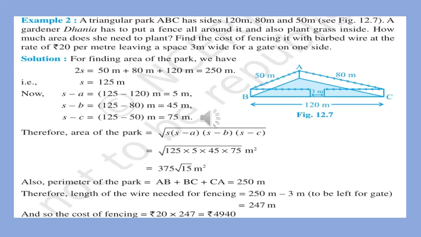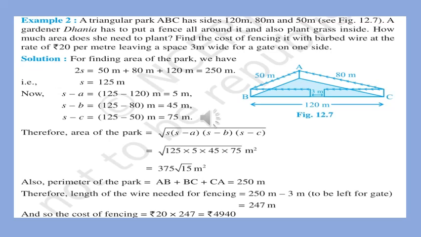And then we will calculate s minus a, s minus b, s minus c. The values are 5, 45 and 75 meter. Substitute the values in the area of the park. You will get 375 square root of 15 meter square. Also the perimeter of the park is 250 meter.